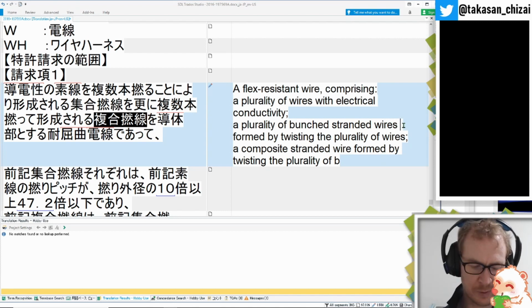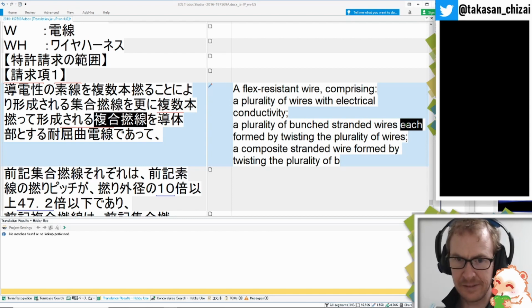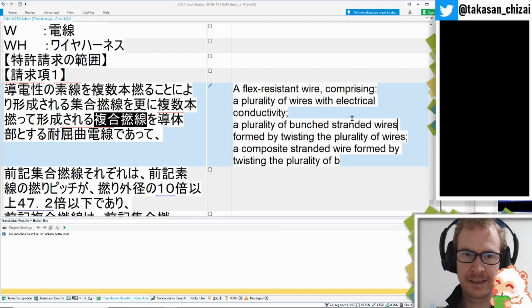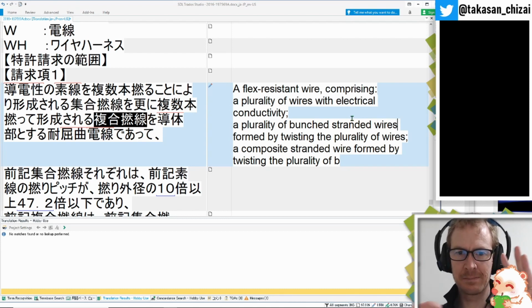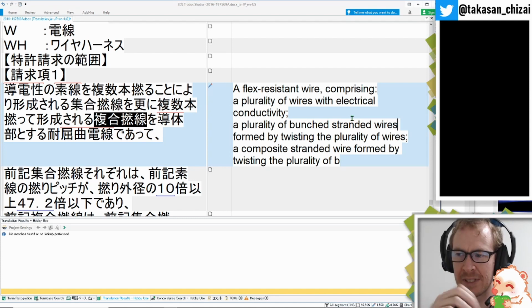And here's a question of whether to add each or not. So it's a polarity, but each one is formed by twisting. If each is not here, then the polarity, this big bunch of wires, is formed by twisting a plurality of wires.